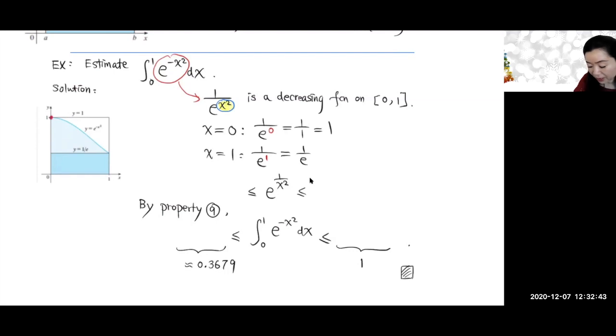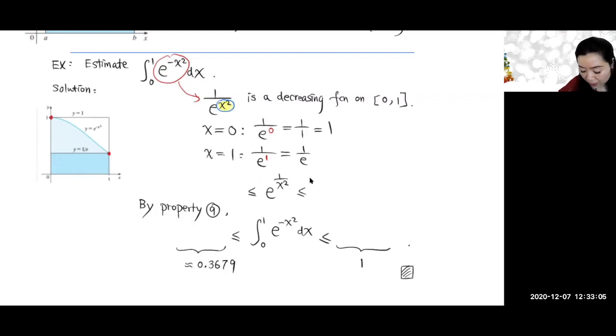It starts from here. x equals 1 gives 1 over e, and it ends here. As x increases, the function is going to decrease. The bigger the denominator, the smaller this quotient. So it's going to decrease like this.